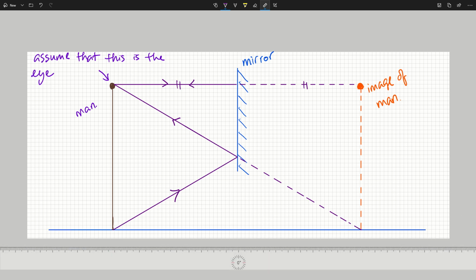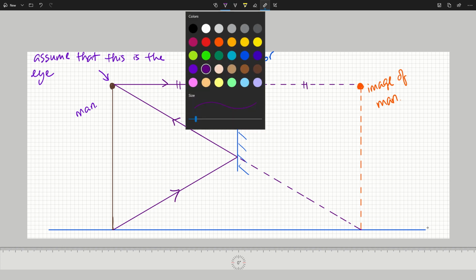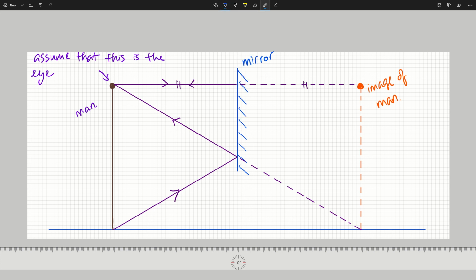If you look at this diagram carefully, you realize that if the height of the man is h, the height of the mirror is actually half h. And I just have to erase out this part.